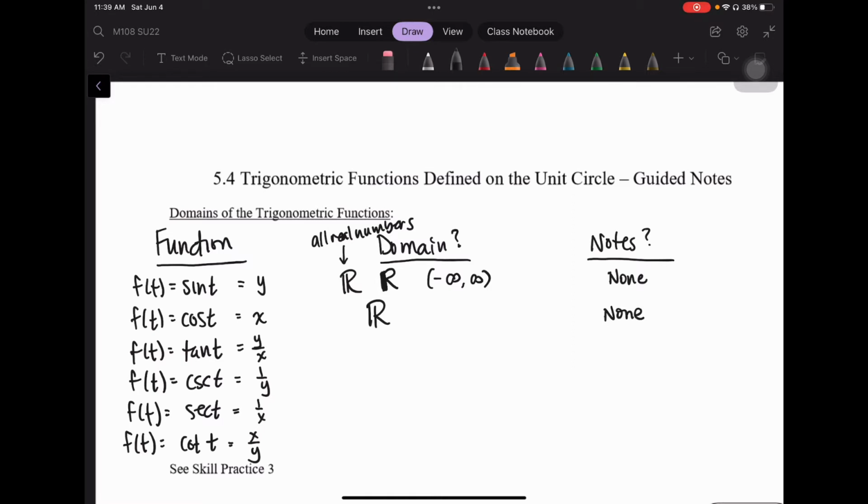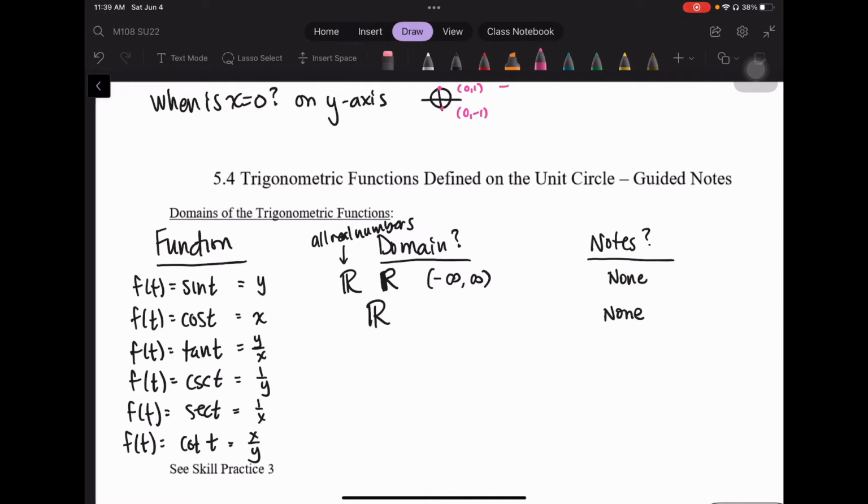Tangent's a problem when x is in the denominator. And so we need to know when x is in the denominator is 0. When is x 0? On the unit circle, on the y-axis, those are the points (0, 1) and (0, negative 1). What does that correspond to in terms of degrees and pi?